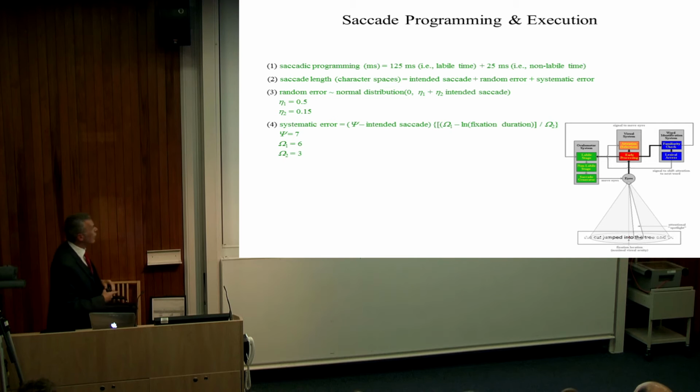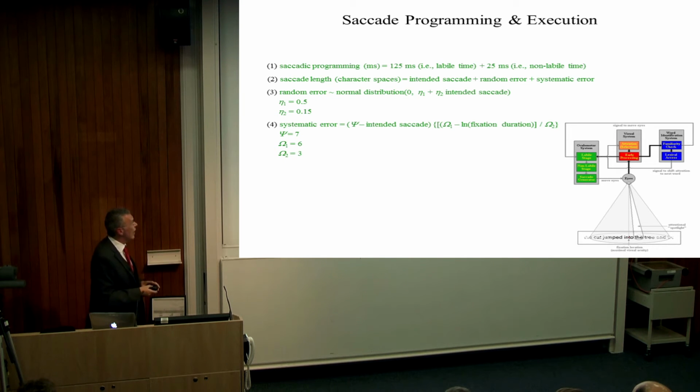The equation that determines the systematic error has two terms. The first reflects the difference between some optimal saccade length, which in that language results in the least amount of systematic bias, and the intended saccade length. In English, the optimal length happens to be 7 character spaces. And that is then weighted as a function of the logarithm of the fixation duration on the launch site word.